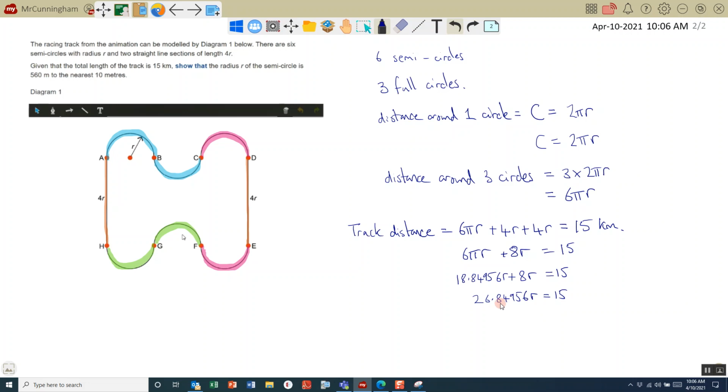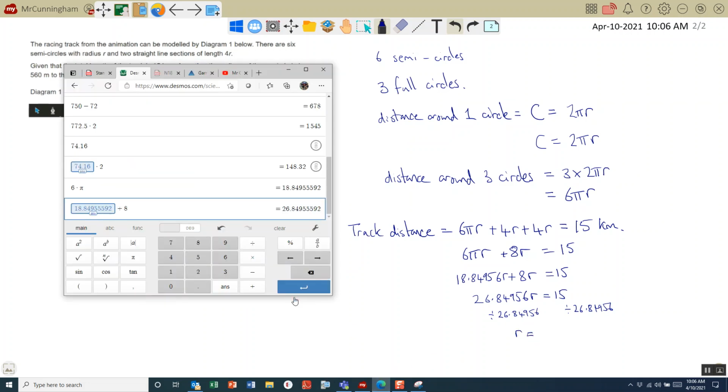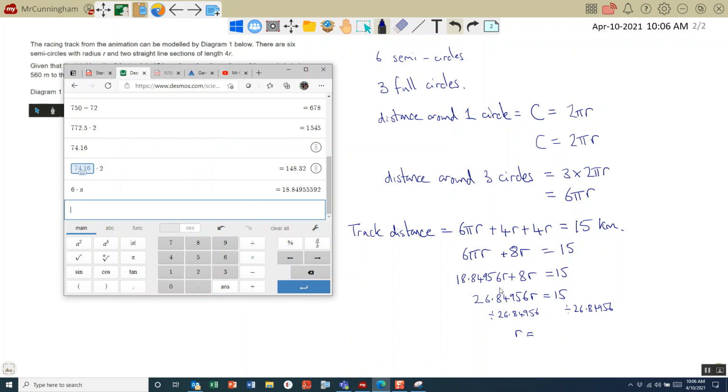Now to get the r by itself, this 26.8 is multiplying by the r, so to get rid of it, I need to divide both sides by 26.84956. So when I do that, I put it into my calculator. I'm going to have 15 divided by the 26.8.